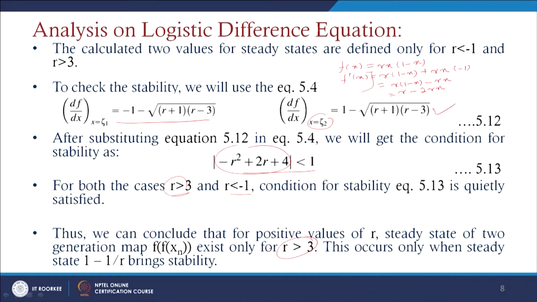Since we are considering only positive values of r, that is why we are taking r greater than 3 here. And this occurs only when steady state 1 minus 1 by r brings the stability, since we have discussed this one in the previous slides also.